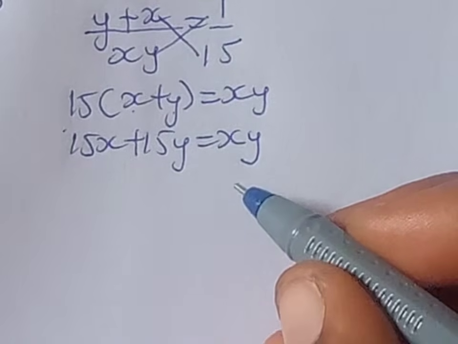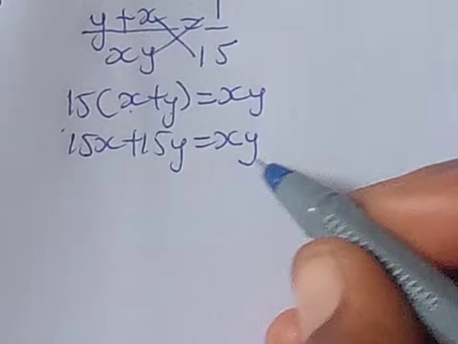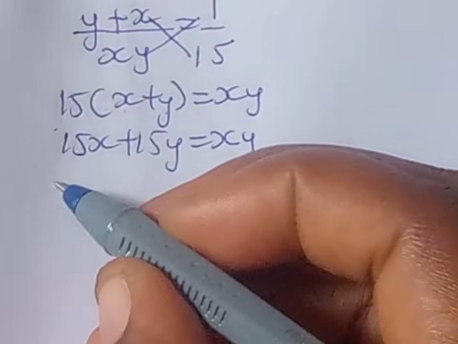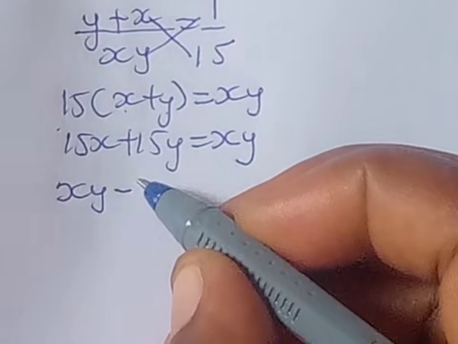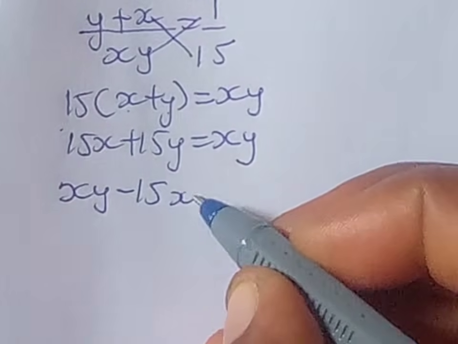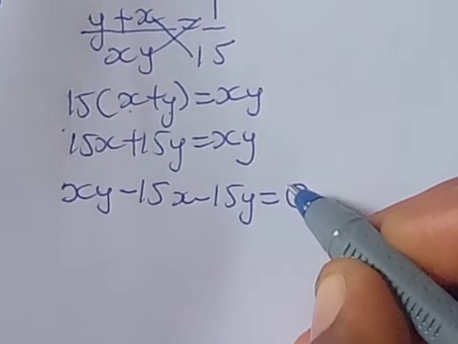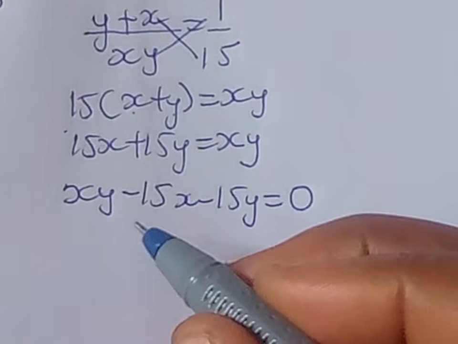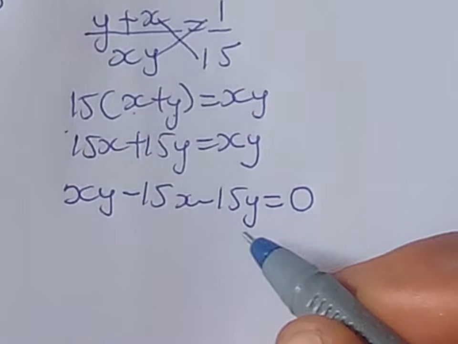Now let's rearrange the equation by bringing everything to one side. So we have it as xy minus 15x minus 15y equals 0. This doesn't look factorable yet, but here is the clever Olympiad trick that we are going to be using.